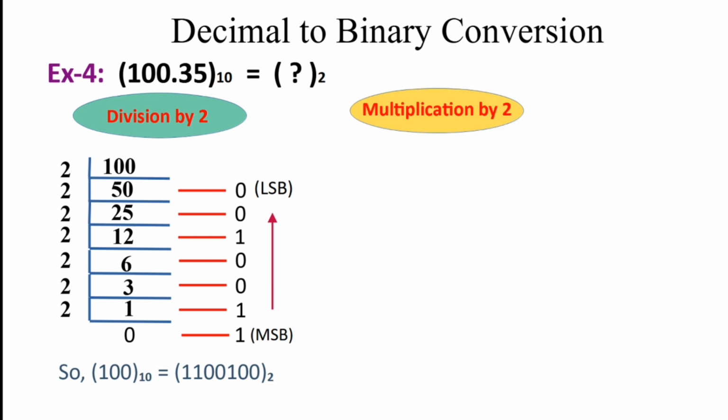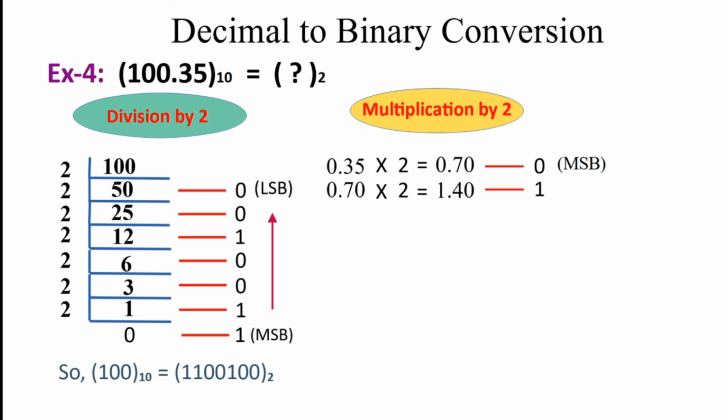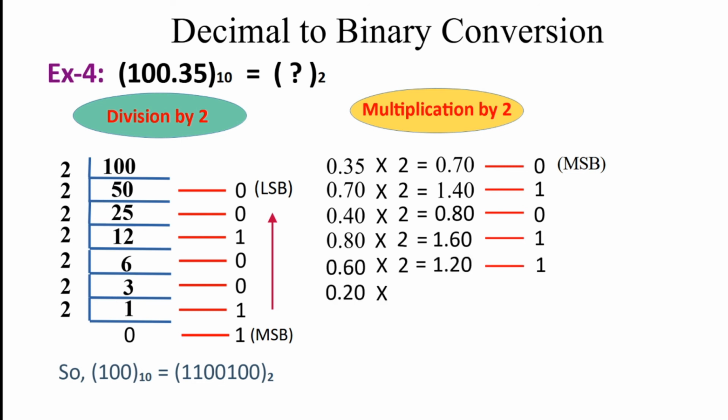Now for the fractional part, we have to perform the repeated multiplication by 2. If we multiply the 0.35 by 2, then we will get 0.70. 0 will be the MSB, and we have to perform the repeated multiplication.